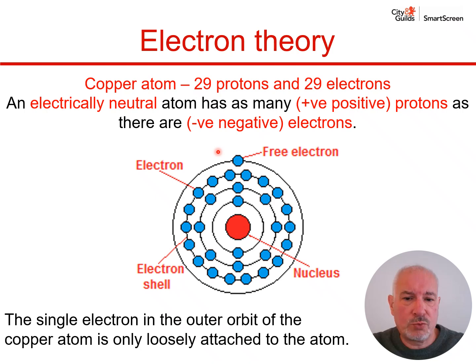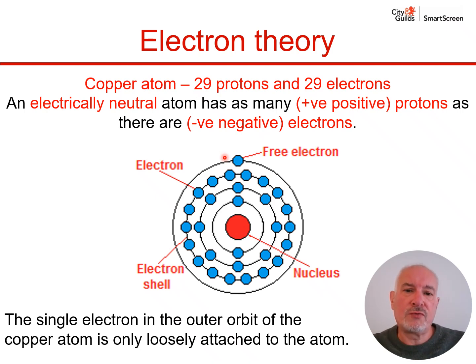Now, you want to just see that the electron itself, being a negatively charged particle, once that leaves the atom, that means that the atom now has one less electron than it has protons. So there'll be 29 protons, but now there'll be only 28 electrons if one of the electrons leaves.